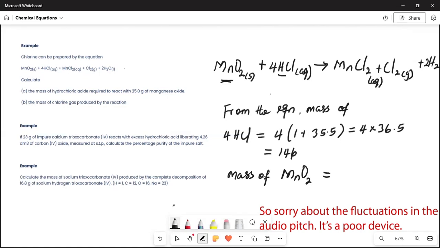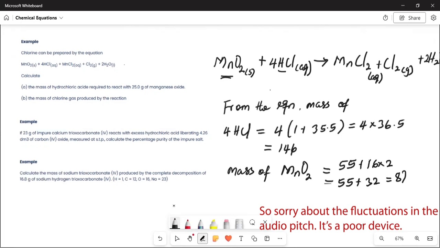Usually, in a question like this, the masses of each of the individual atoms are given. Manganese is 55. So this is 55 plus oxygen is 16 times 2, which is 55 plus 32, and that will be 87. So from the reaction, 146 gram of HCl reacts with 87 gram of manganese oxide.